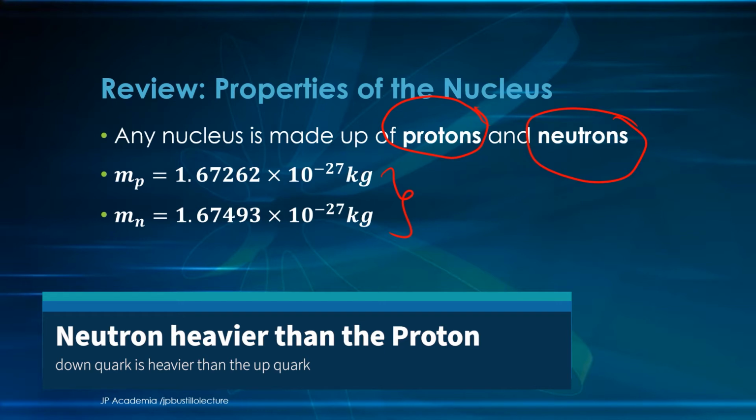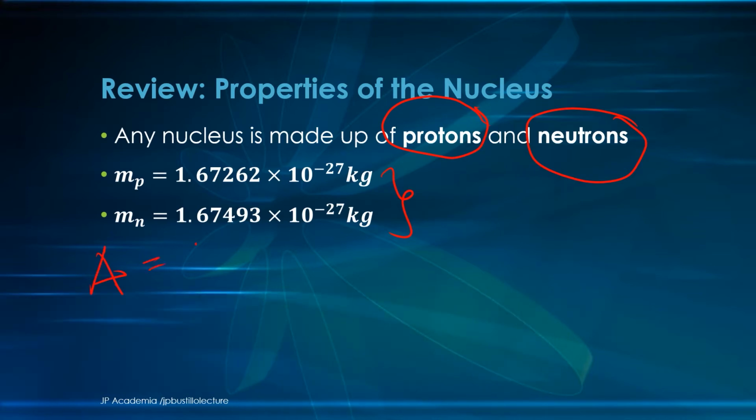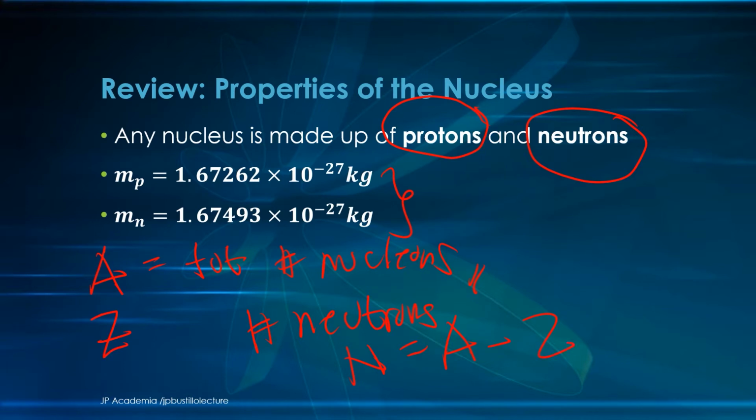The total number of nucleons is described by the atomic mass number A, while the total number of protons refers to the atomic number Z. Thus, if you want to find the total number of neutrons, you can use this formula: the total number of neutrons N is equal to A, the atomic mass number, minus Z.